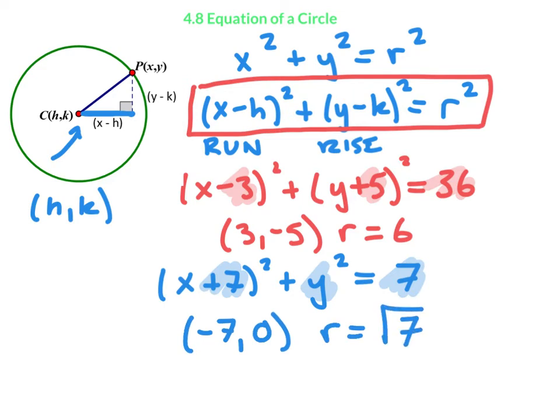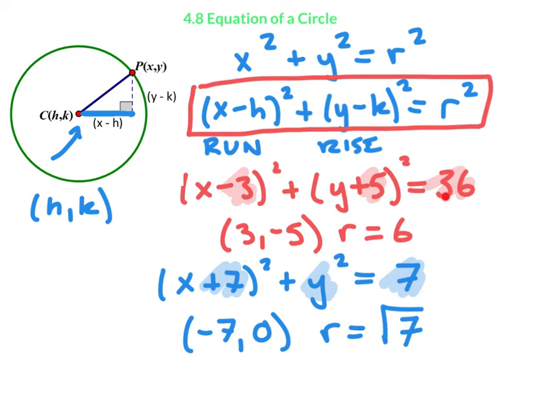Wait a minute! Explain. Yes, I will. So here, again, why is this a -7? Because in the original case, if you put in a -7, it would become positive. Why is this 0? Well, you'll notice that there was no change to that, no right or left movement of that. And so we have our 0. And then the square root of 7 happens to be the square root of 7.